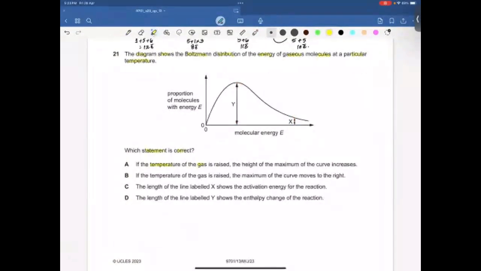If the temperature of the gas is raised, obviously the curve maximum shifts to the right-hand side, like this.